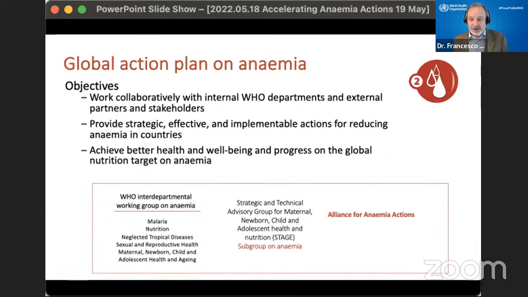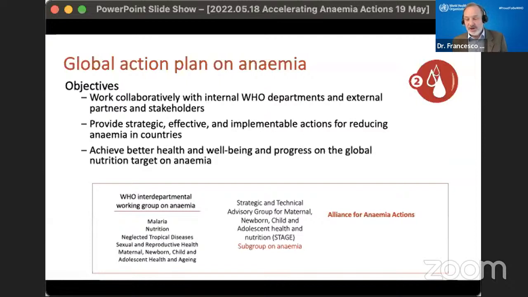So in WHO, we've convened an interdepartmental working group on anemia, and then we've been seeking inputs from relevant partners and stakeholders from multiple sectors. We're very grateful, for example, to the WHO Strategic and Technical Advisory Group for Maternal, Newborn, Child, and Adolescent Health and Nutrition, and you have one of the members here today in the panel, to decide to give attention to the topic and create a subgroup.